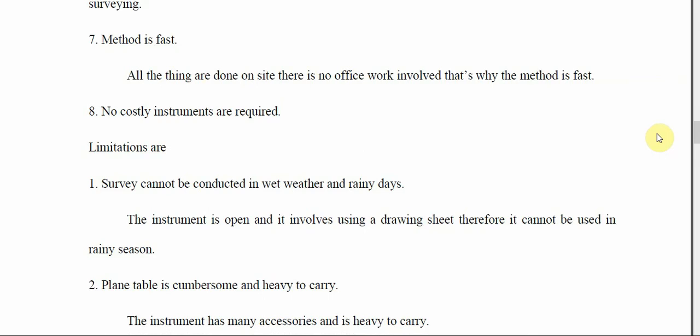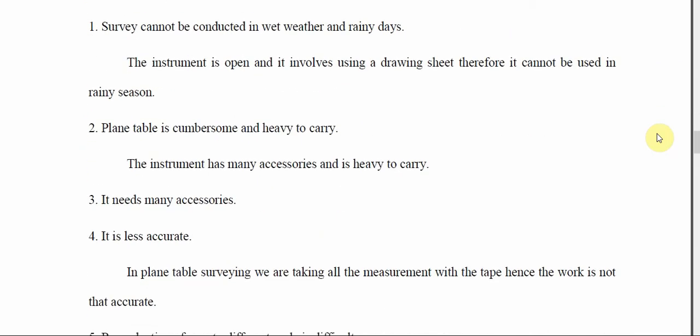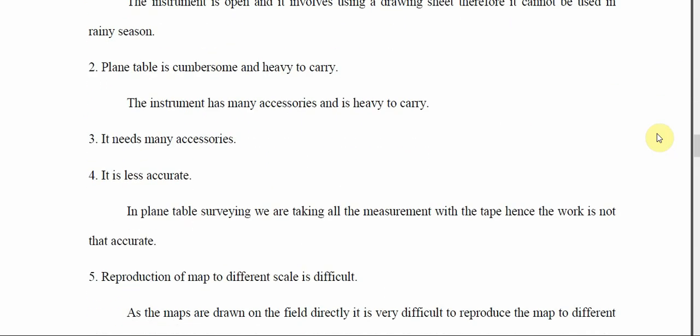Some of the limitations are: surveying cannot be conducted in rainy season or in wet weather. The plane table is very heavy to carry, so when you are conducting surveys in hilly areas or in forest areas, it becomes very difficult to carry around all the instruments. Also, it has many accessories, so some of the accessories may get lost.